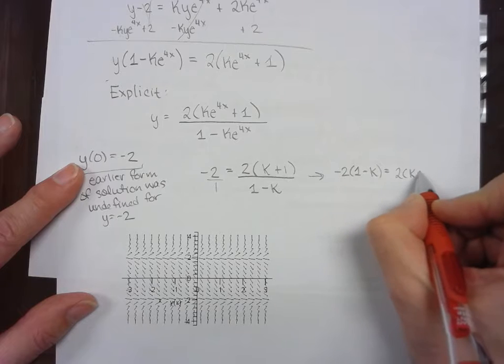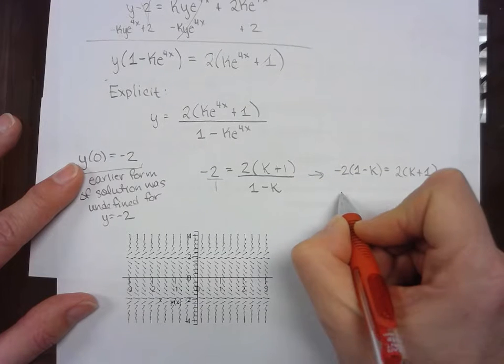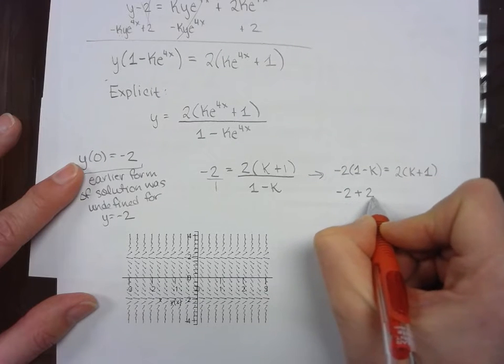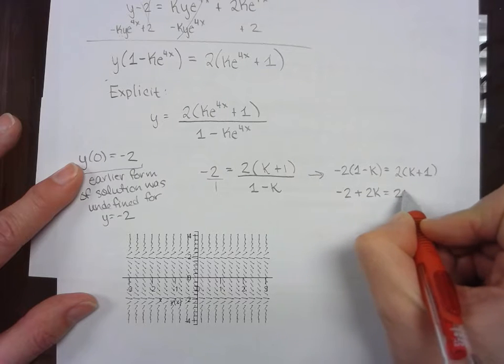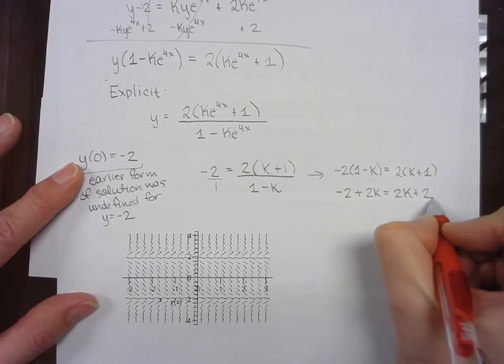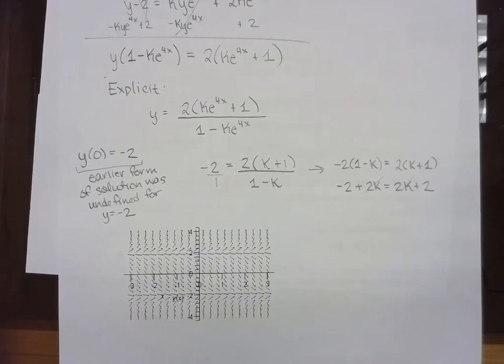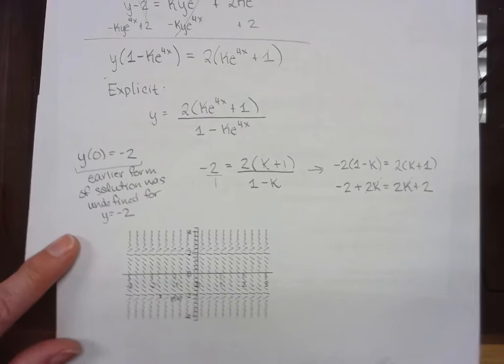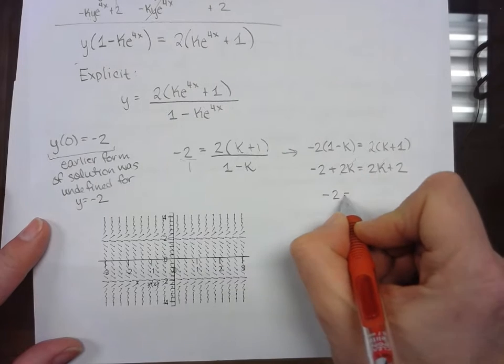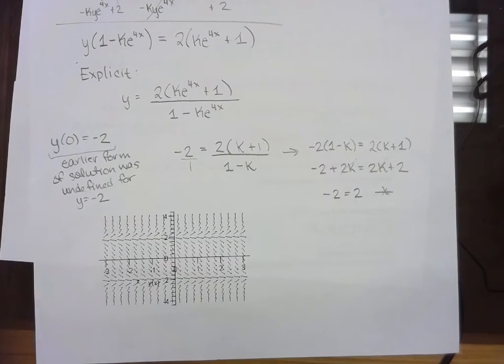Let's just go ahead and multiply out. So I have -2 plus 2k equals 2k plus 2. And notice that the 2k's cancel, and we get -2 equals 2, which is clearly a contradiction. -2 is not equal to 2.